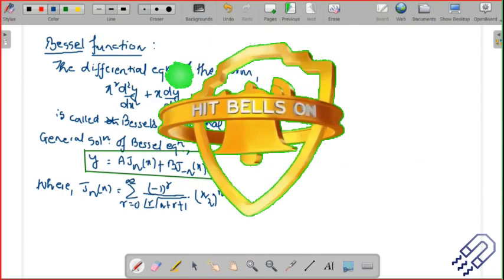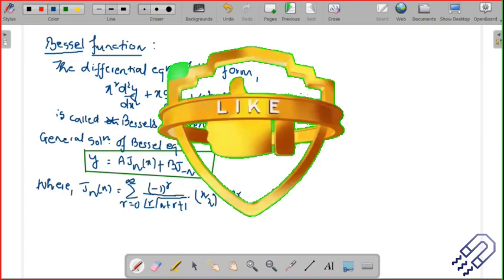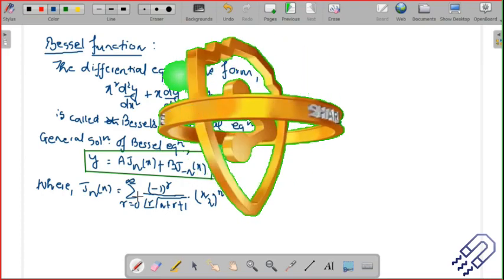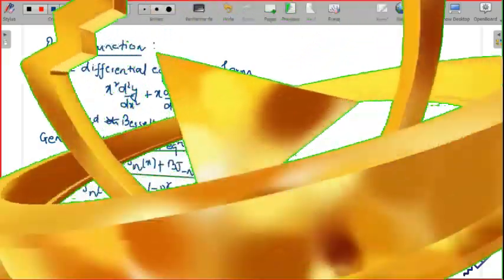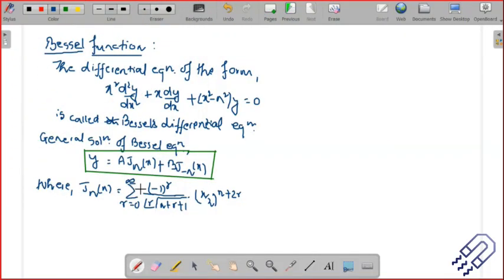These forms will help you solve all the problems. If you look into the original equation, there are terms here, and r is nothing but the summation term that we have. R starts from 0 to infinity, and this is the form of Jn of x. In a similar way we can write the form of J of minus n of x, summation 0 to infinity, and everything remains more or less the same.